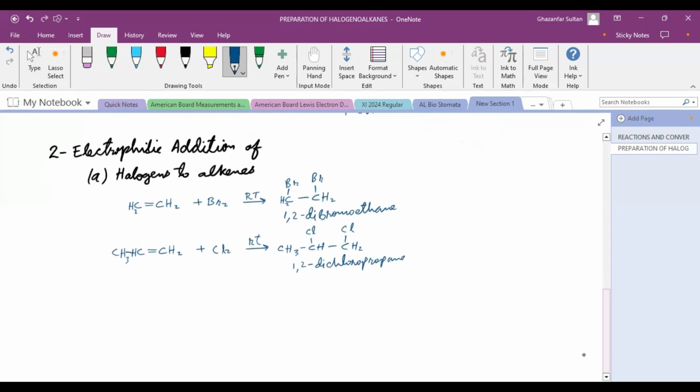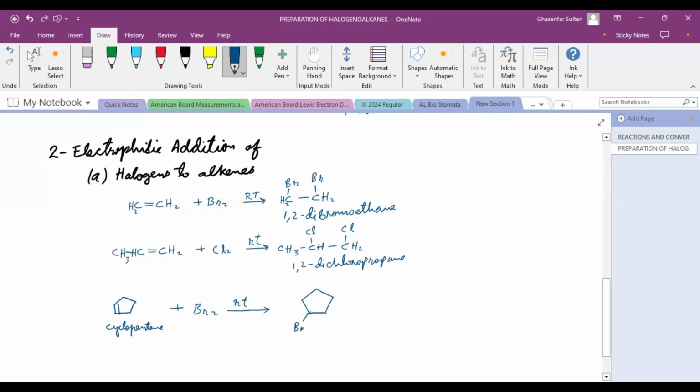And if the alkene is a cycloalkene, for example, this is cyclopentene, and you perform the same reaction here, then you will obtain 1,2-dibromocyclopentane.